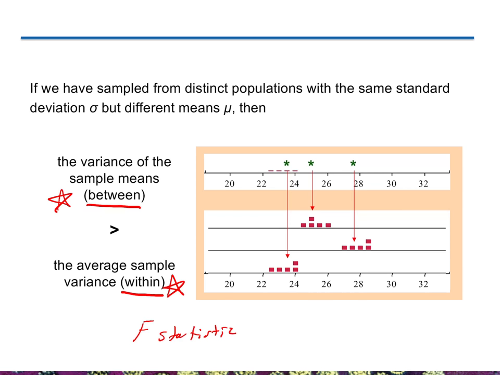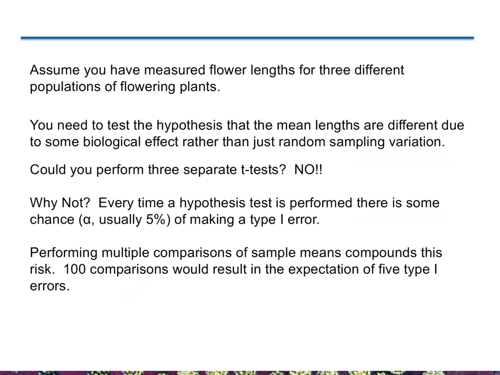Okay, so let's assume you've measured flower lengths for 3 different populations of flowering plants, and we need to test the hypothesis that the mean lengths are different due to some biological effect rather than just through random sampling error, okay? We know that we can't perform 3 separate t-tests because of the multiple comparisons problem.